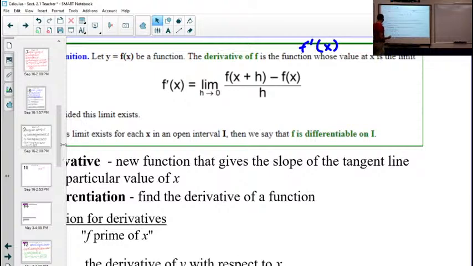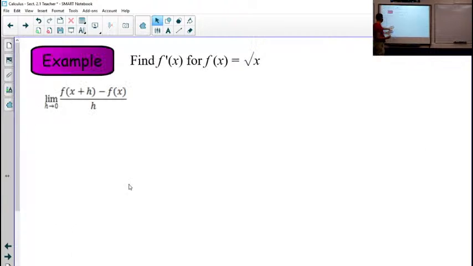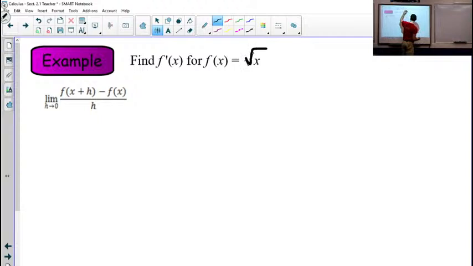And so what I want to do is jump to the example of square root of x.